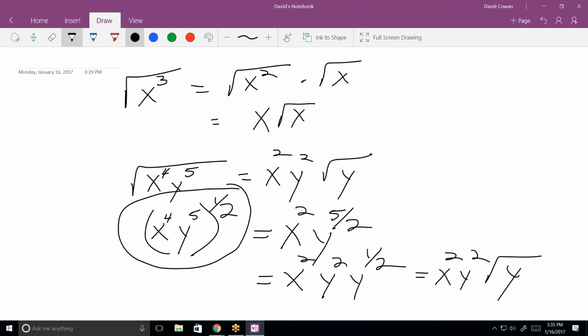As you go into precalculus and calculus, you're going to find more and more that fractional exponents make more sense than radical signs. When you get to calculus, you start everything with the exponent. So having it in this format, if I were to take the derivative of that, I start with 1/2 times x to the fourth, y to the fifth to the minus 1/2.